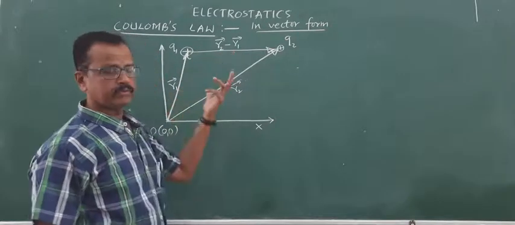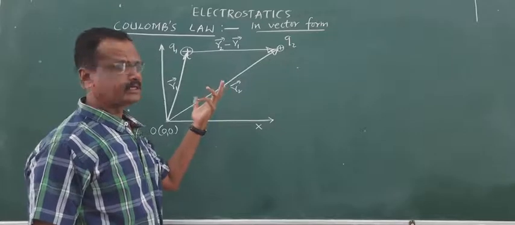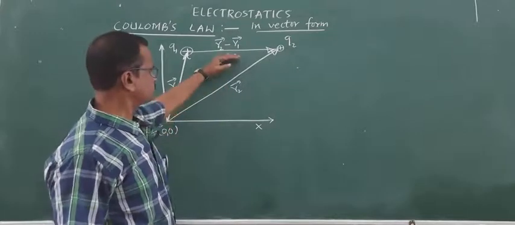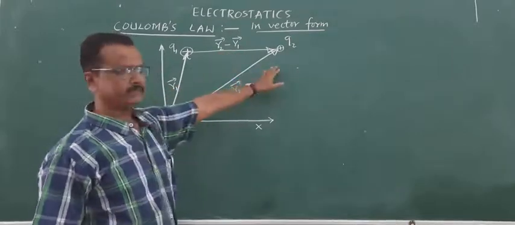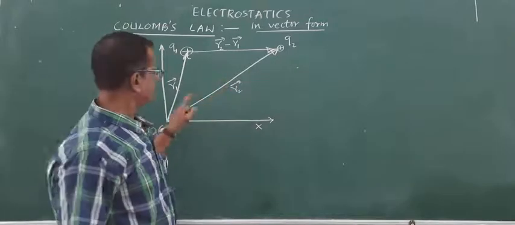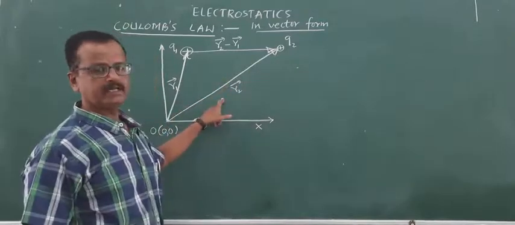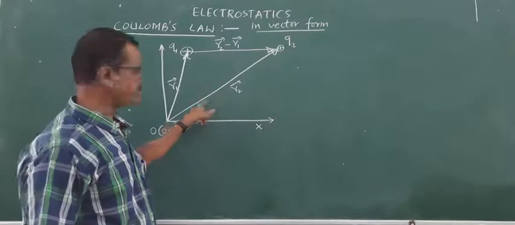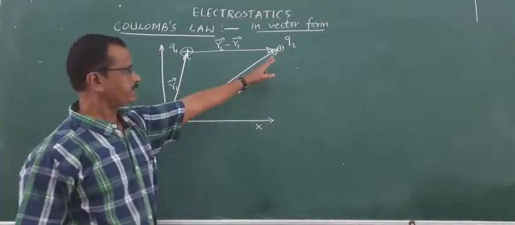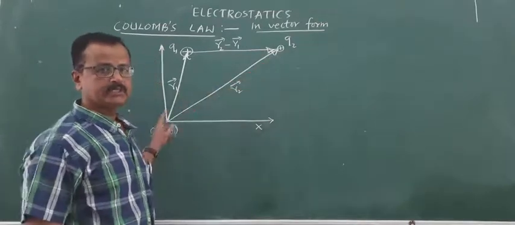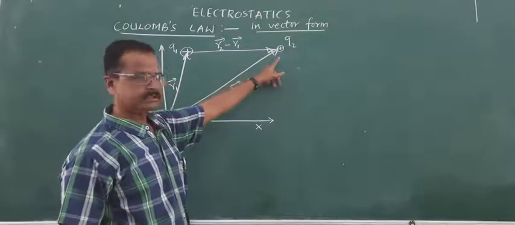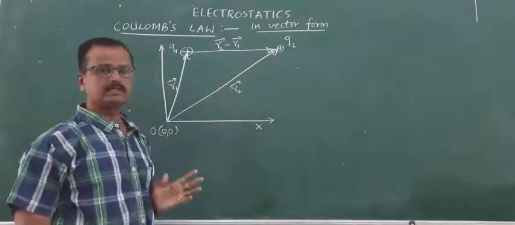According to the triangular law of vector addition, R1 plus this vector should give you the third side of the triangle, the vector originating from the tail to the head. So that becomes the resultant vector.